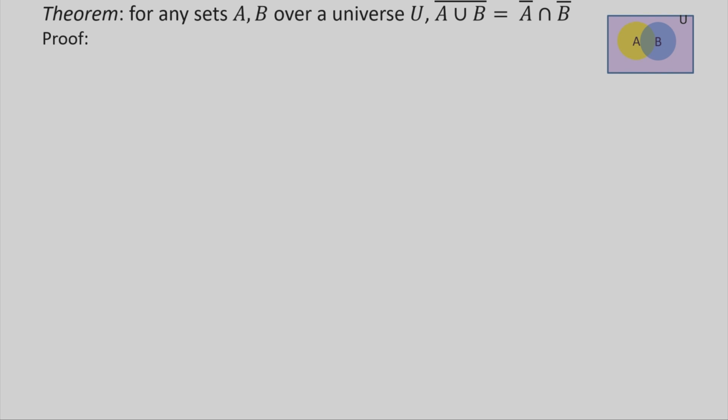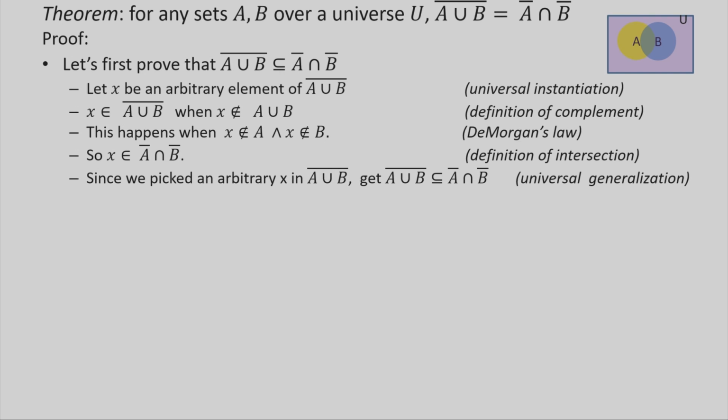So here is our theorem: for any sets A and B in the universe U, complement of the set A union B is equal to complement of the set A intersect with complement of the set B. Let's do the proof. So first we need to prove that the first set is a subset of the second.